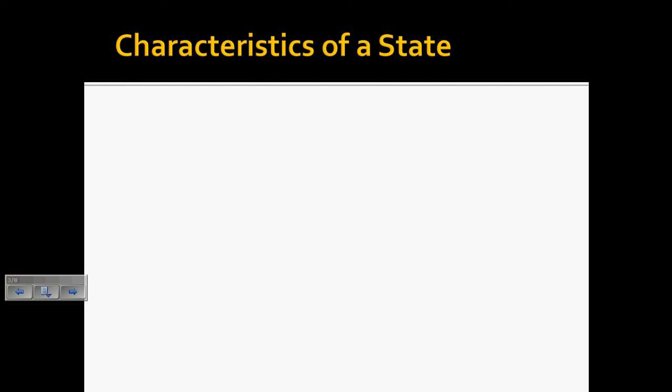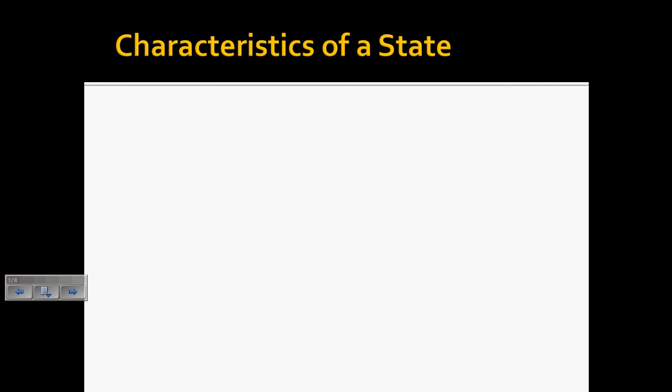Now, within that idea of government, we also have to understand that there is a state that develops. And when we talk about a state, we're not necessarily talking about the state of Colorado or the state of Kansas or the state of Wisconsin, my home state, but we're talking about a political state.